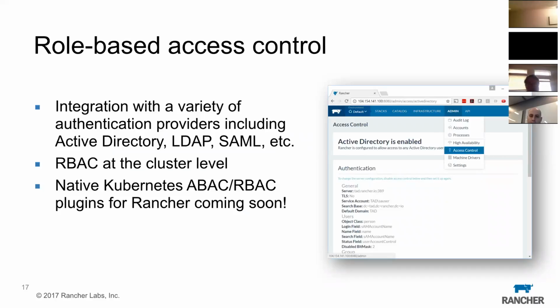The authentication always works at the environment level, so you can have different environments with different users. You could have, for example, one staging environment that your developers have access to, and a production environment that your ops has access to. So this is really something that is of great value in Rancher.